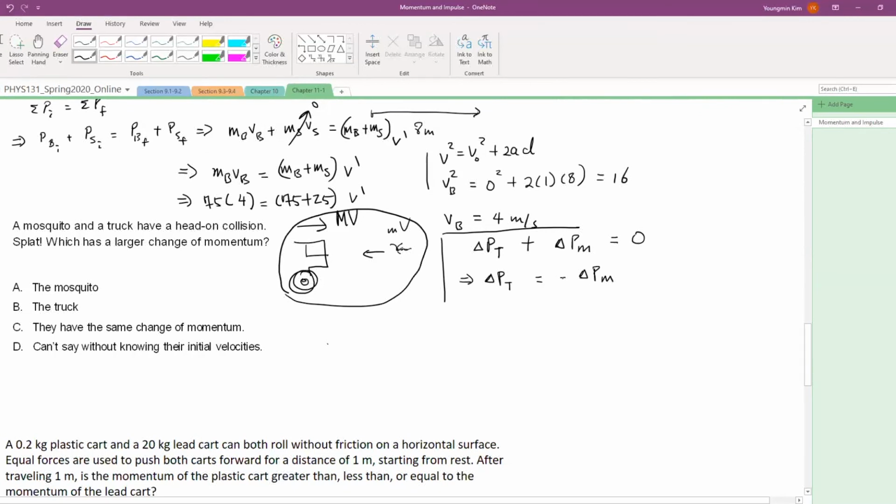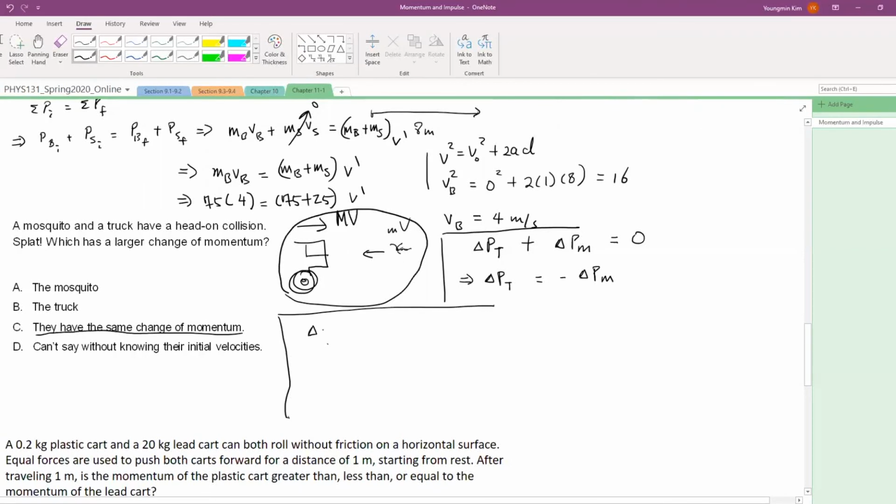They just bear a minus sign, meaning opposite directions, but the magnitude is the same. So the correct answer here is C. They will have the same change of momentum. But the fate of the truck compared to the fate of the mosquito will be very, very different. How can we understand this?